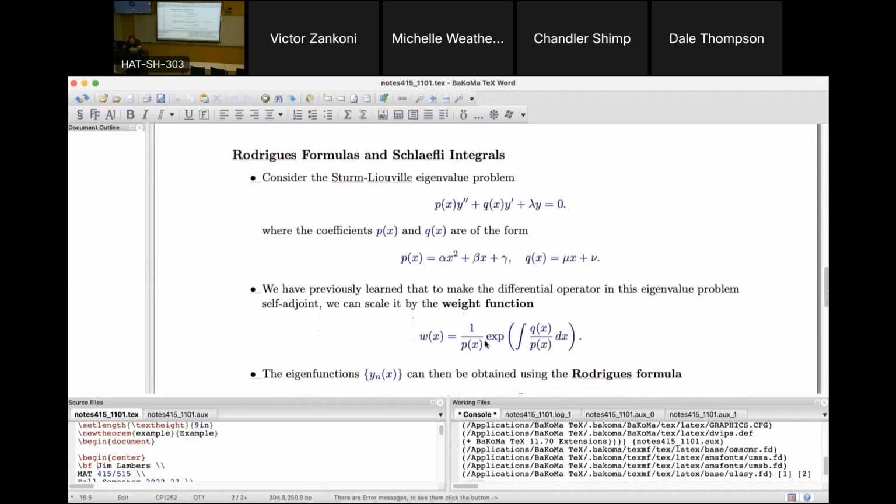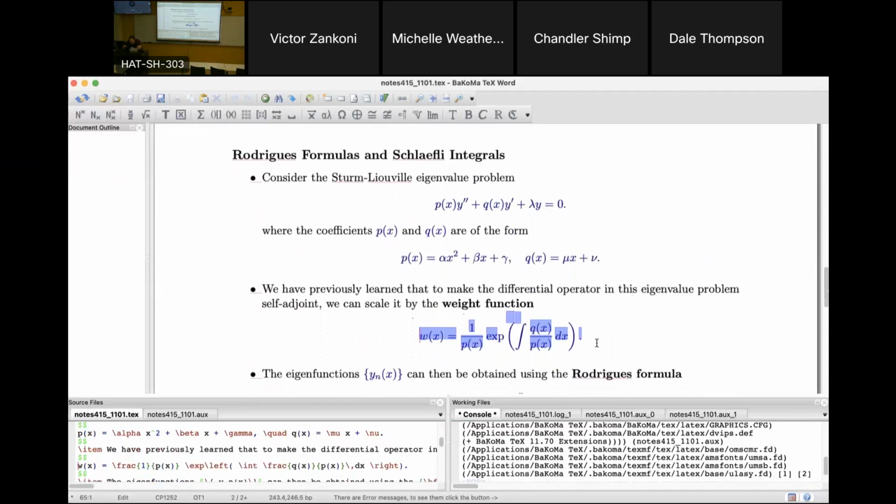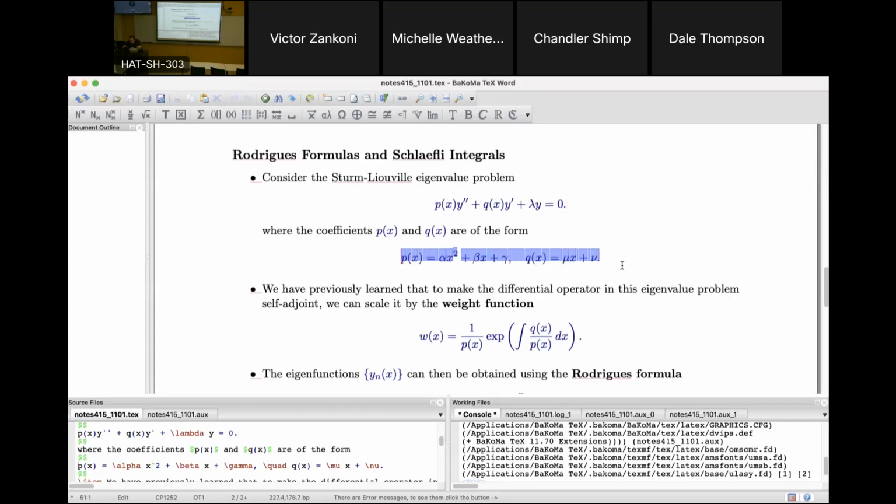What I forgot was that this Rodrigues formula does not apply to just any ODE of this form. It requires the coefficients p of x and q of x to be of certain forms. So p of x has to be a quadratic polynomial in x, and q of x has to be a linear polynomial in x. So only when it's of this form does the Rodrigues formula apply.